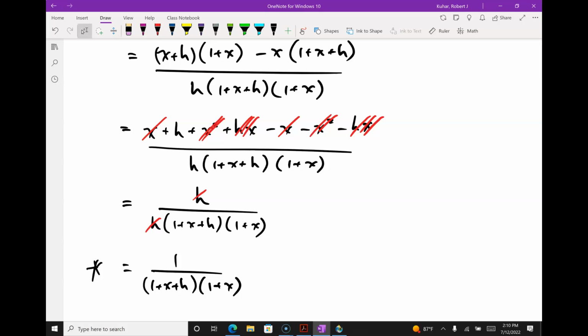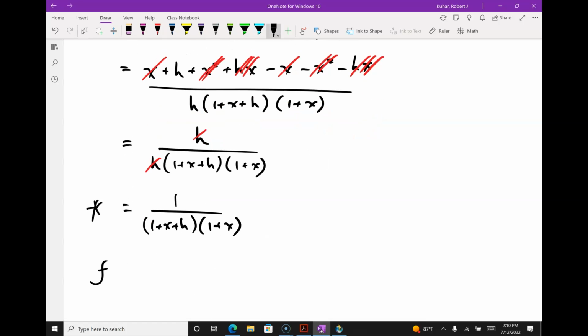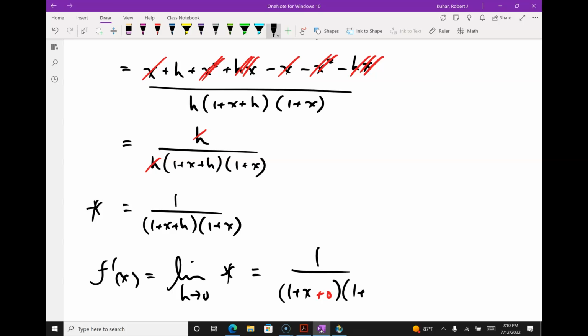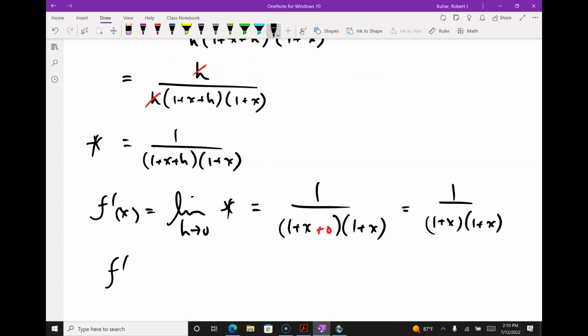This is the slope of a secant when I have a certain x and a certain h, right? But I'm interested in the derivative. And I got it. When I take that limit, I get my derivative.